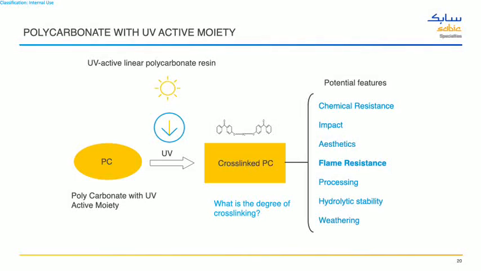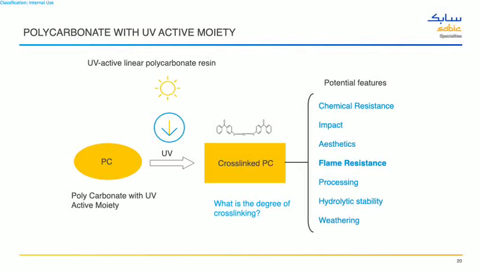I talked about thermally cross-linkable material in the previous slides. Now I talk about materials which are cross-linkable at room temperature itself, because when you make a part, the polymer has a UV material ready to absorb UV light and form a cross-link.